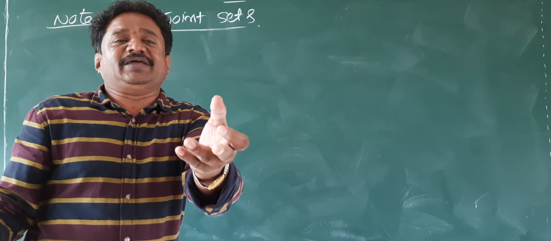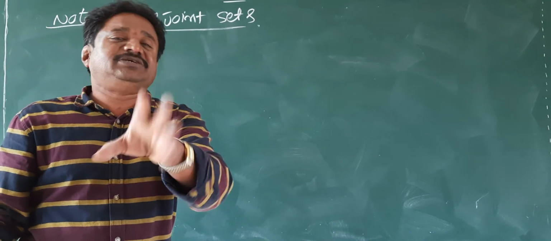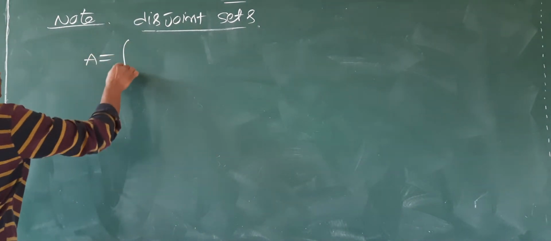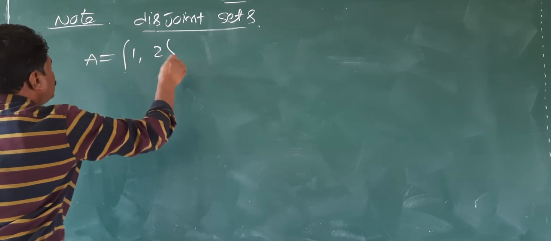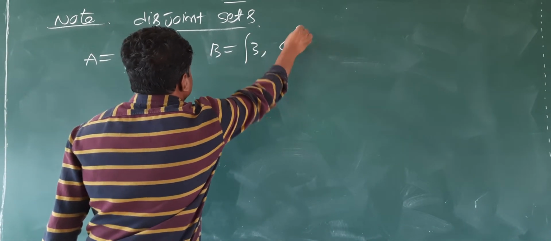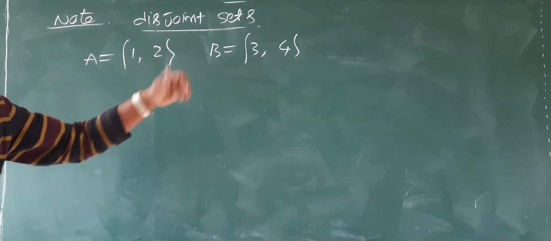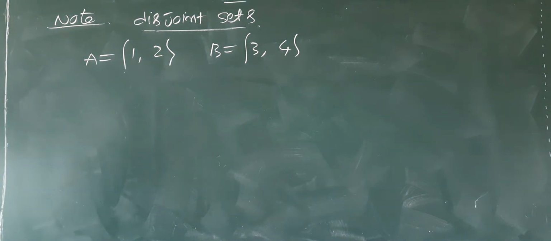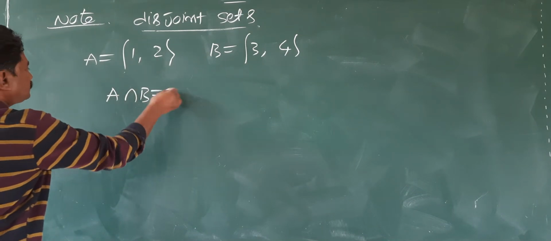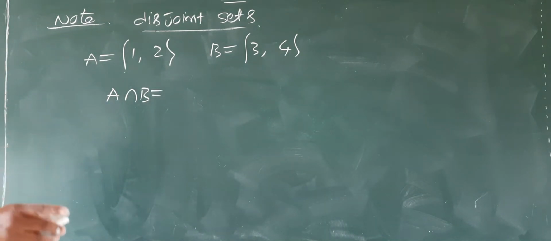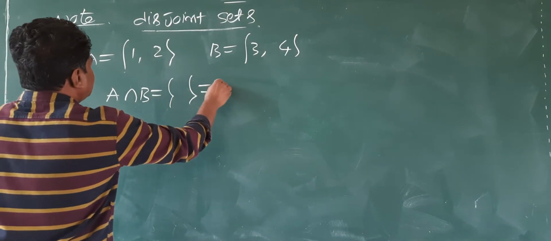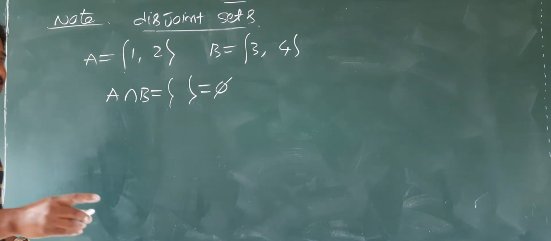I will convince you by using examples. Take set A as {1, 2} and set B as {3, 4}. Clearly these two sets are disjoint because A intersection B has no common element; it is the empty set.